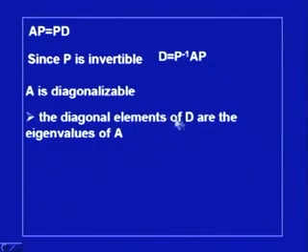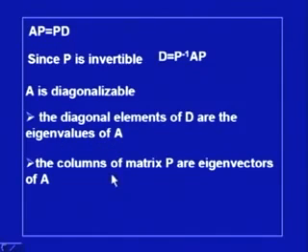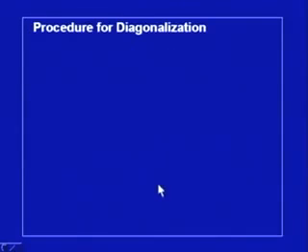Now, the diagonal elements of D are the eigenvalues of A, this we have already observed, and the columns of matrix P are eigenvectors of A. So, we know how to form the matrix P, and this matrix P is invertible because it has n columns of independent vectors. So, this forms a basis for diagonalizing a given matrix. Let us discuss the procedure for diagonalization.